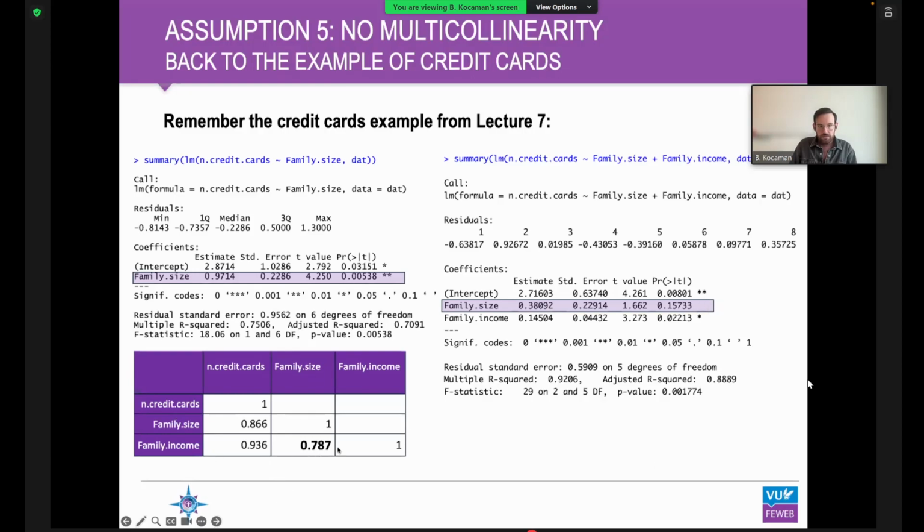And that was actually related to a high correlation between family size and family income. So multicollinearity can cause this kind of weird conclusions. And in this case, if you notice, we make a different conclusion in terms of significance in the case where we have both family size and family income.